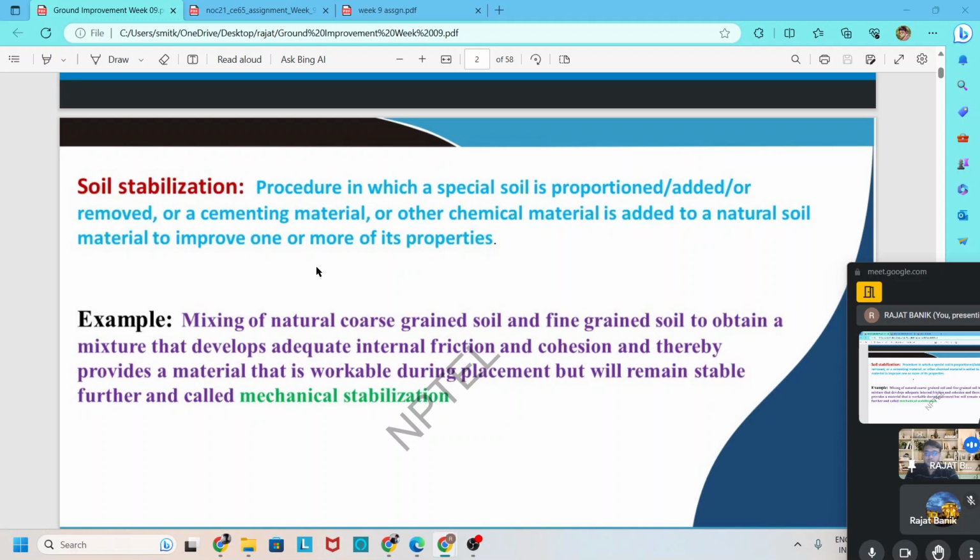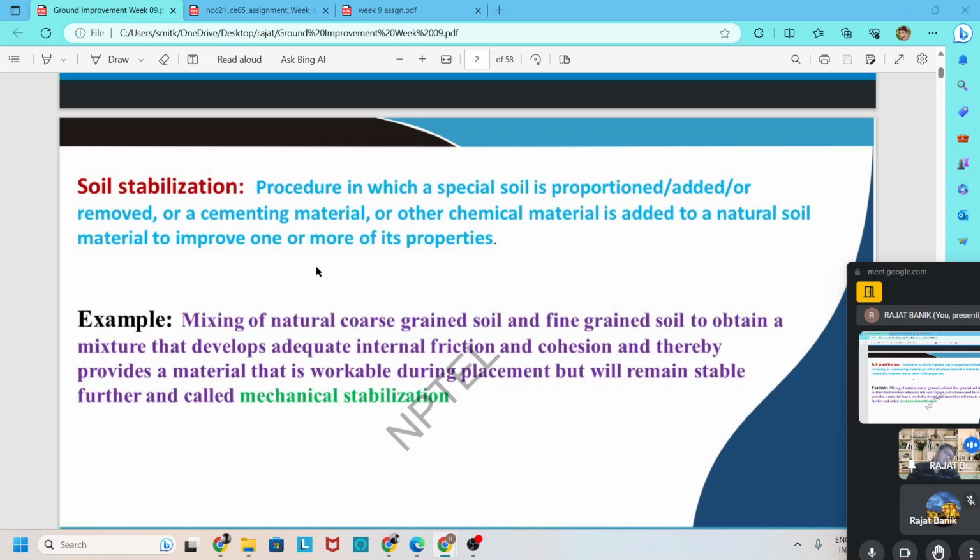One example is also given here: mixing of natural coarse grain soil and fine grain soil to obtain a mixture that develops adequate internal friction and cohesion, and thereby provides a material that is workable during placement but will be stable further. This is called mechanical stabilization. By mixing coarse grain with fine grain, the pore space between the coarse grains is taken up by fine grain, and the bonding or interparticle friction is increased.